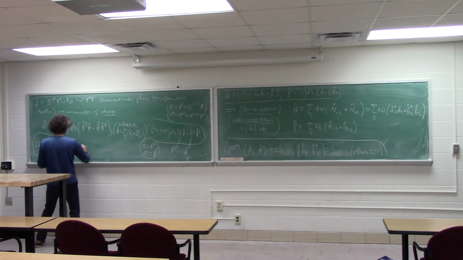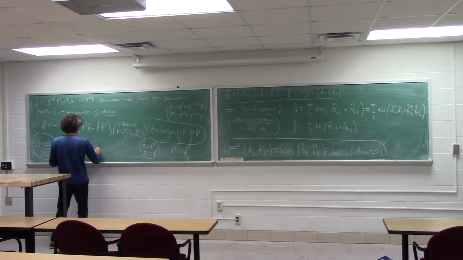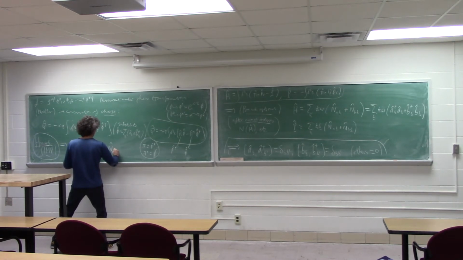Q times the sum over k. Now you might be expecting me to write down N_A(k) plus N_B(k).